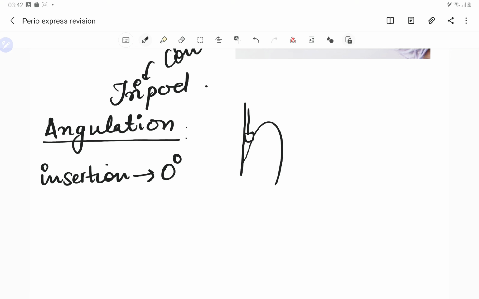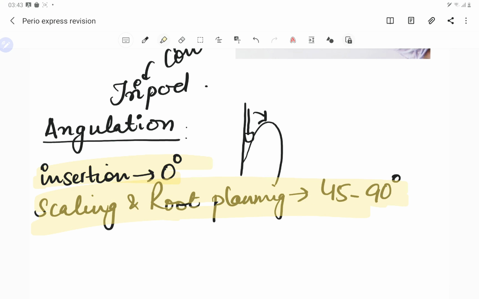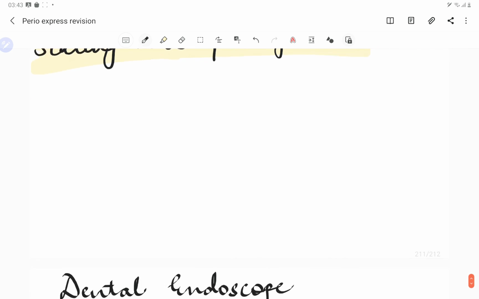Then we slightly tilt it for the scaling and the root planing, up to 45 to 90 degrees. This guys you have to remember, it can be a question which can be asked in your exam. So the insertion is 0 degrees, that means we just have to insert it, there is no action going on. And for scaling and the root planing, the correct angulation can be between 45 to 90 degrees.